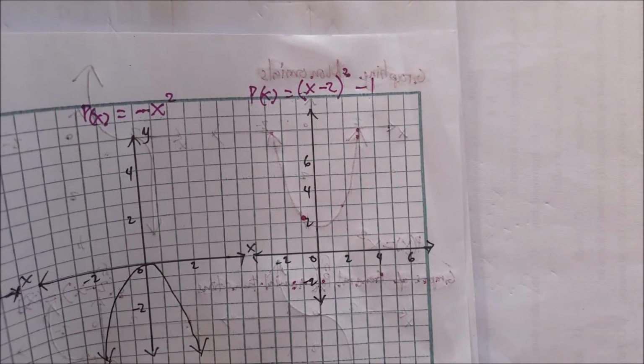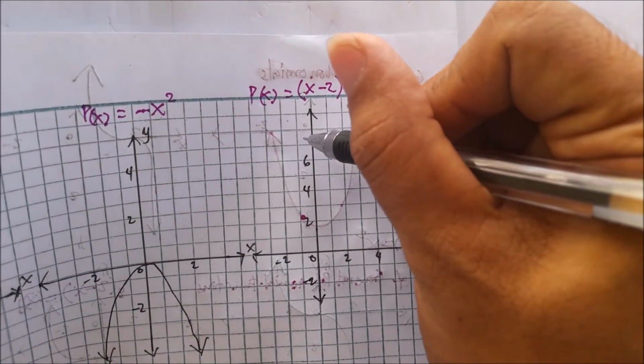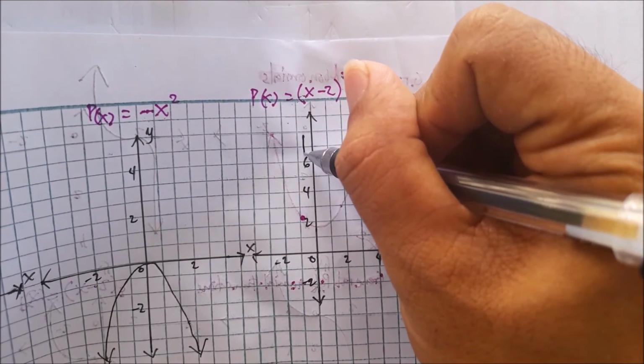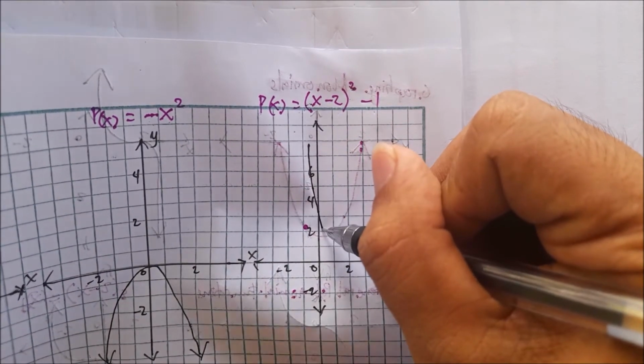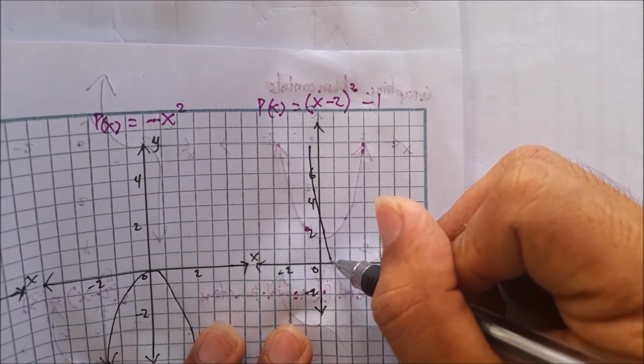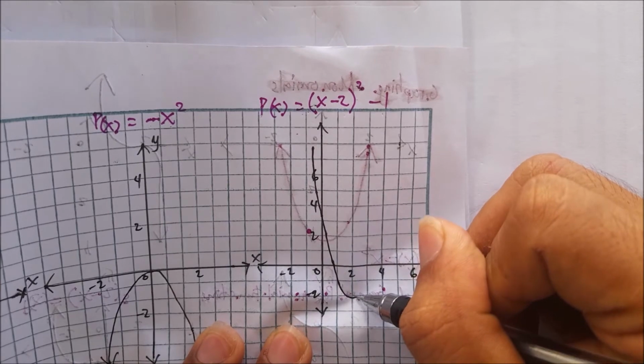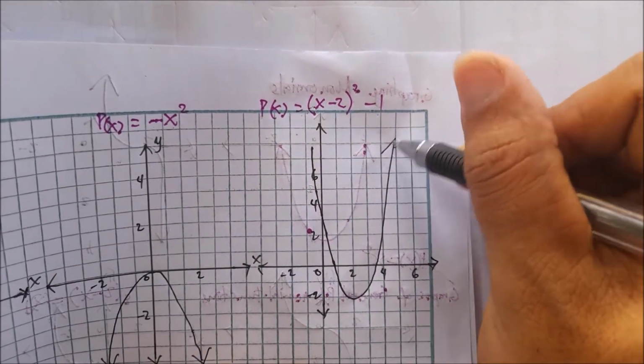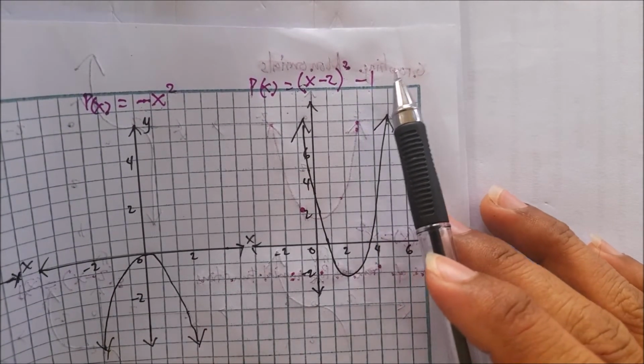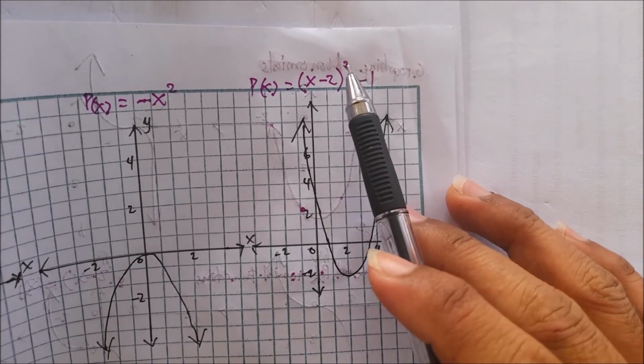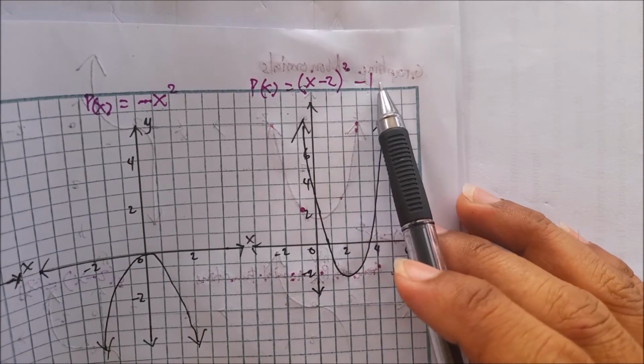The vertex is located on the right, upward, since it is an even number, and the constant is negative 1.